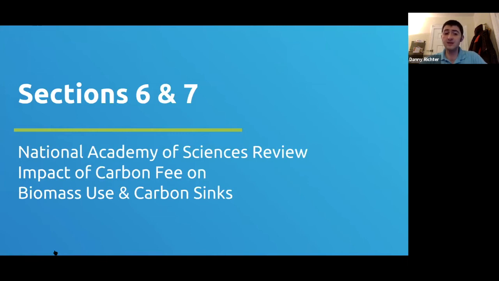Section 7 is a comparable study about biomass use and other carbon sinks. This is a fee only on fossil fuels, and so it could provide an incentive to burn biomass more, and that could be a problem. This is a study explicitly to keep that on the radar and say, look, this could create a perverse incentive.